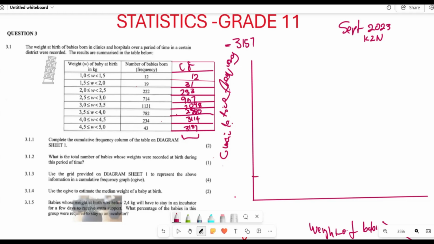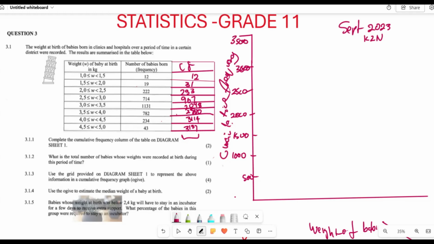So I can say this is 500, this is going to be 1000, this is 1500, this is going to be 2000, this is 2500, this is going to be 3000. Then somewhere here, I can make up my space. This is going to be 3500.